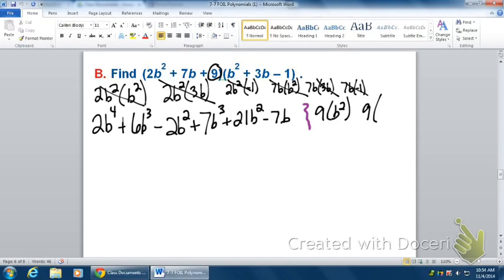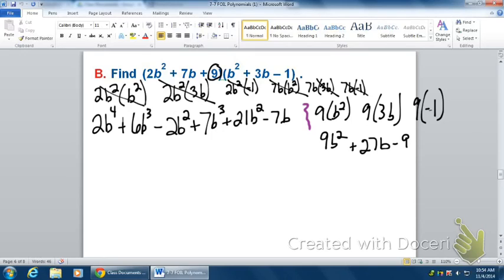I got 9 times 3b. And then I have 9 times negative 1. Okay? Does everybody see what I'm doing? I know it's kind of sloppy right there. So I'm going to go ahead and simplify that. It's going to give me 9b squared, 27b, and a negative 9.